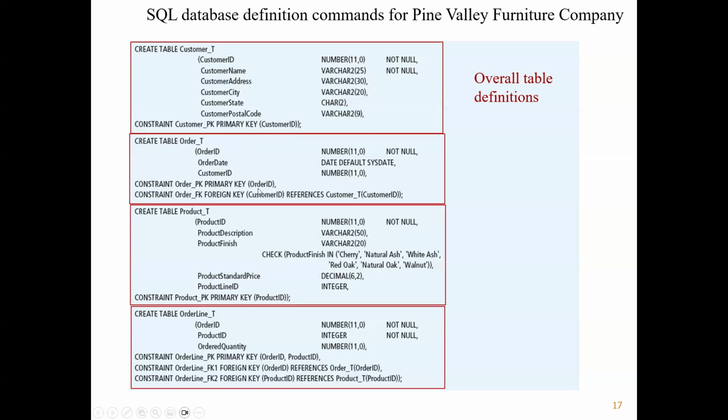Only in some parts we have a relationship. So here we can see the relationship. We have a foreign key, customer ID, that references customer T in the customer ID. So the customer table has a relationship with the other table.